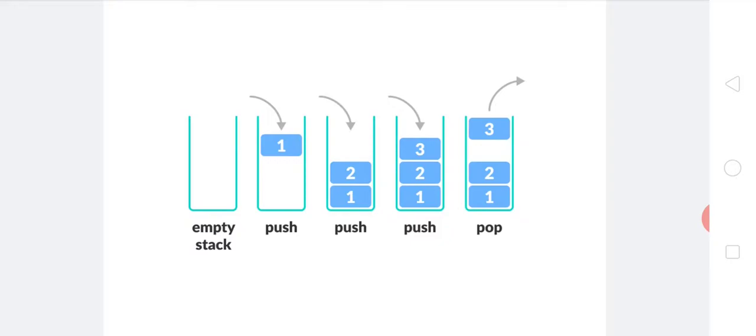After insertion of the second value, then we will insert the third value. Before inserting the third value, first top is incremented by 1. Now top becomes 2. After increment of top, the new element will be inserted, which is 3.